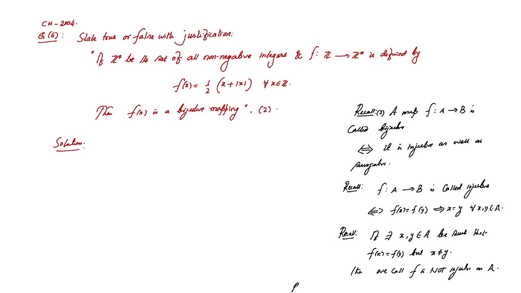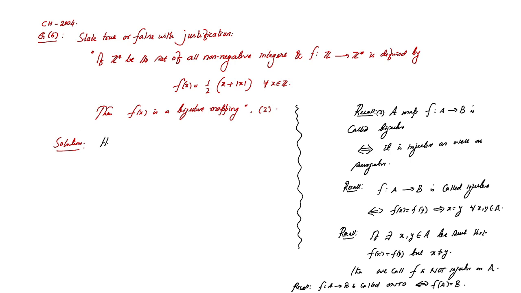And if we talk about surjectiveness, f from A to B is called surjective, or onto map, if and only if f(A) equals B. That means every element in the codomain set must have a pre-image in the domain set. But now how will we solve this question?